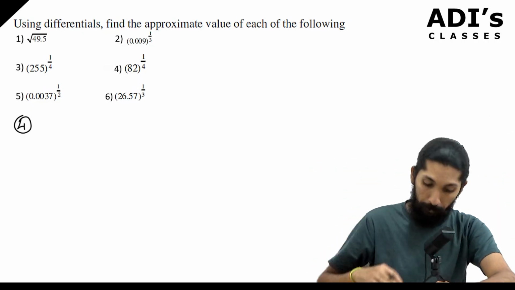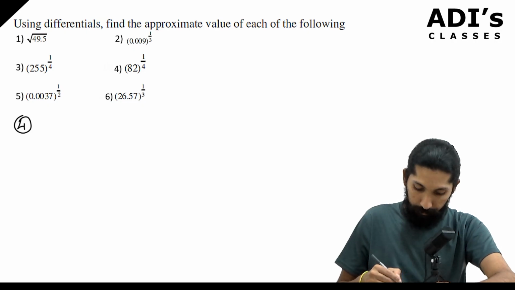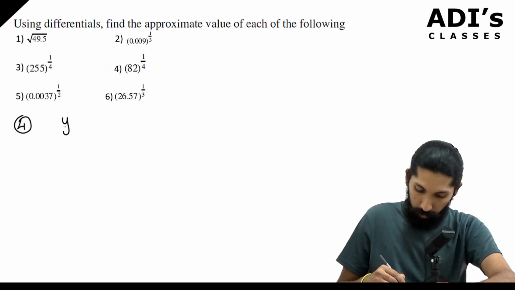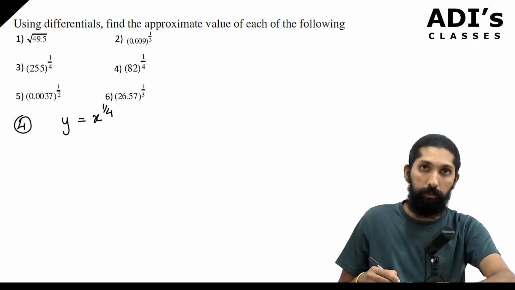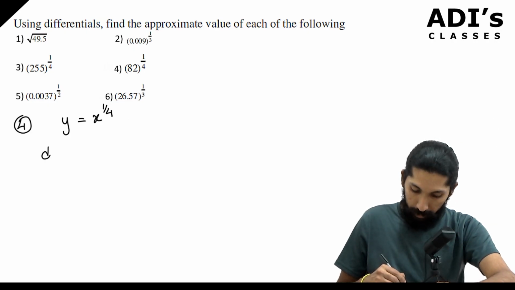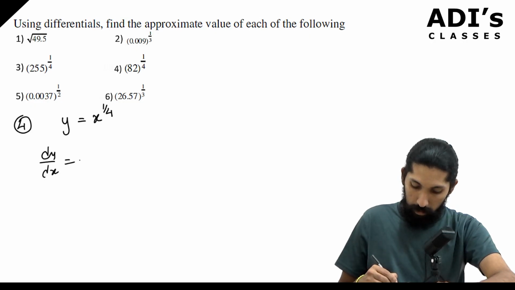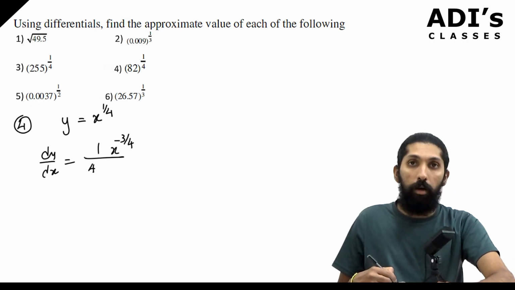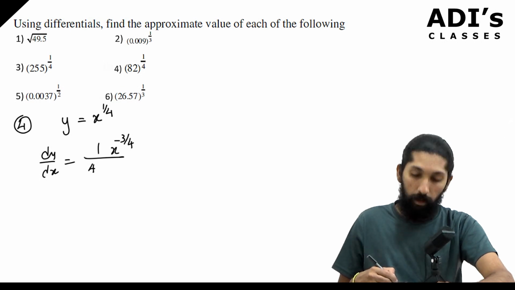Make sense? Alright, now here y is equal to x power 1 by 4. Correct? So dy by dx, same, is 1 by 4 into x to the power of minus 3 by 4. Isn't it?